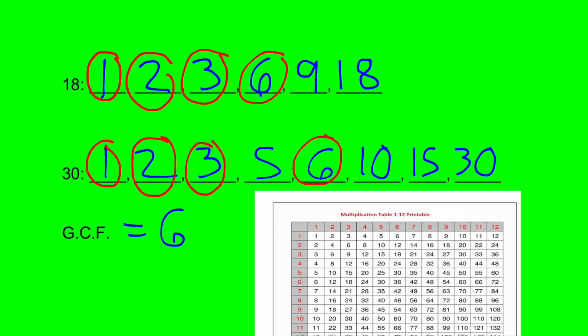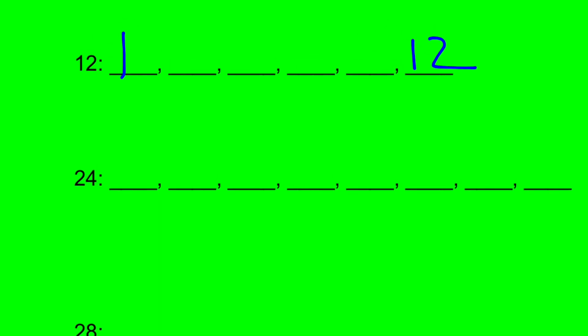Let's do one last question. This question has 3 numbers. We can find the greatest common factor of as many numbers as we want. So let's look at the factors for 12. We're going to have 1 times 12. We're going to have 2 times 6. And 3 times 4, all equal 12.